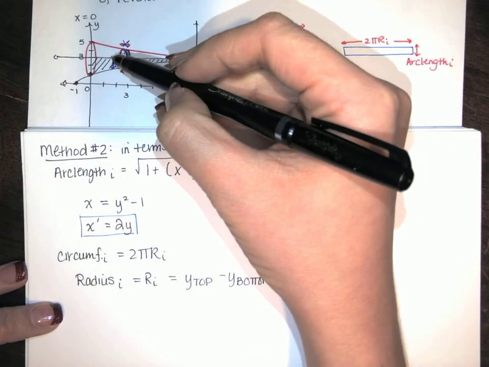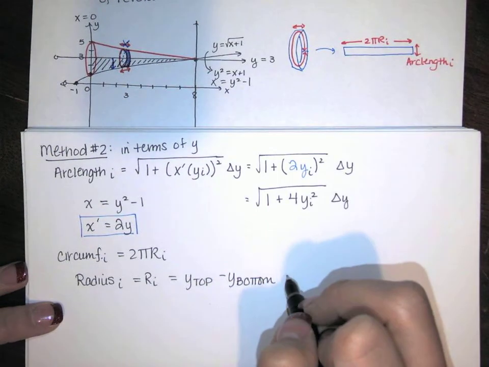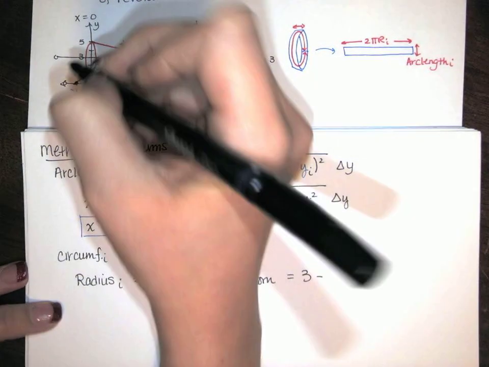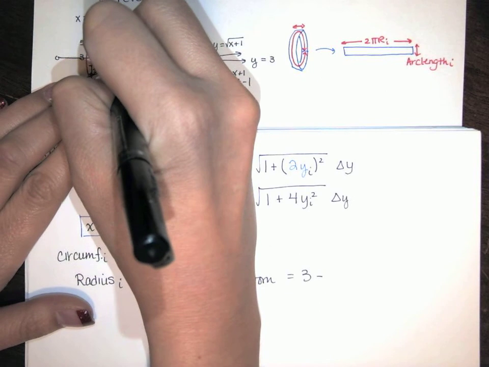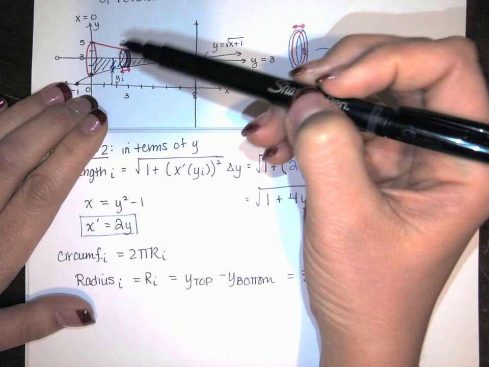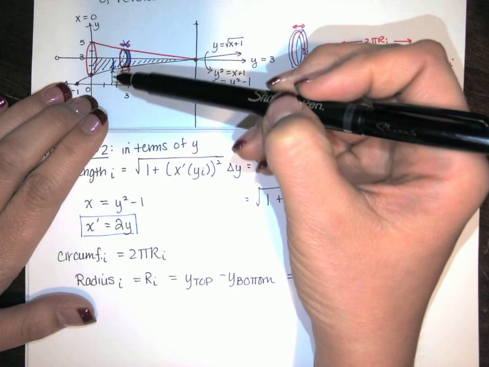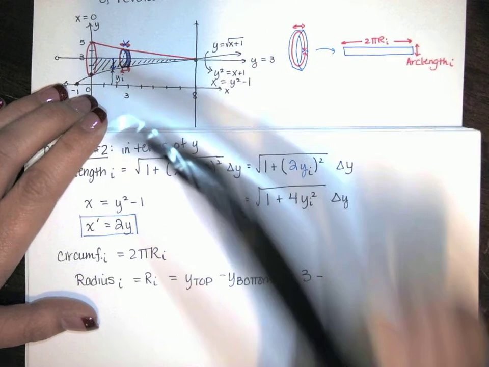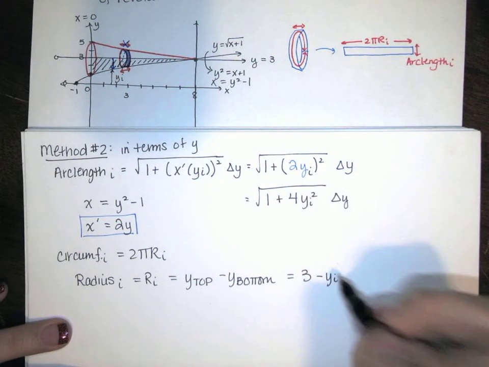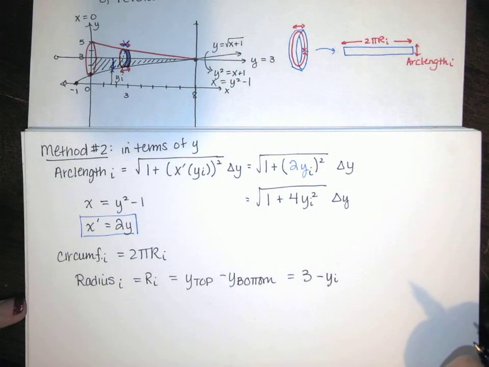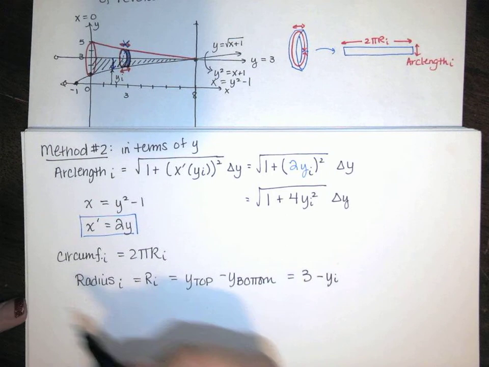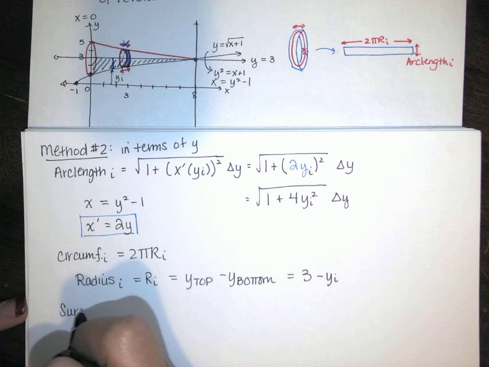And I think we got y equals 3 up there, minus a general y, because this distance from there to there is y. So that's 3 units, that's y units, so that's got to be 3 minus y. Okay, so I've got the radius and the arc length. That's enough to write down the surface area formula.